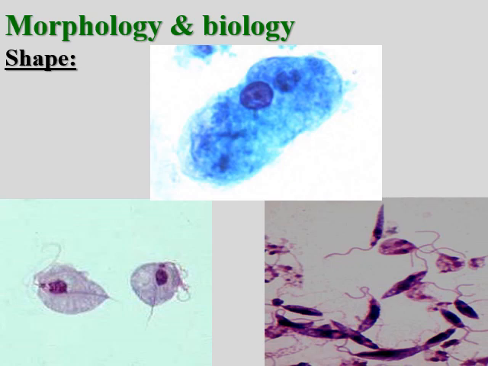These rigid forms may be spherical or regular ovoid. Some have bilateral symmetry and others have torsion along the longitudinal axis. As we see in these 3 pictures, the first one is for amoebae, the second for Trichomonas, and the spindle shape for Leishmania promastigote.